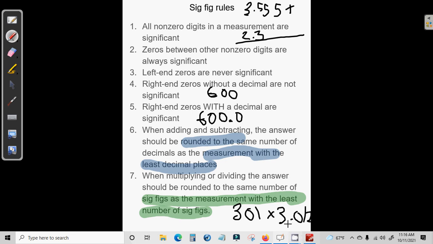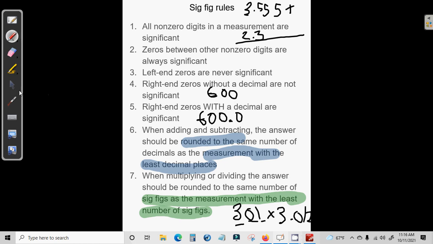All right, well, 3.012 has 4 significant figures. 301 only has 3 significant figures. So that means our answer should only have 3 significant figures. Okay, so adding and subtracting, look at the number of decimal places. Multiplying and dividing, look at the number of significant figures.